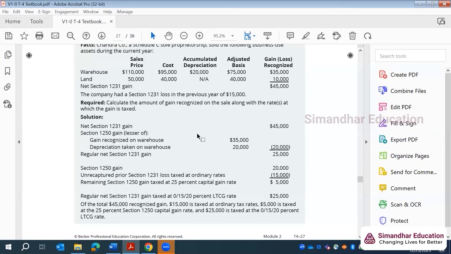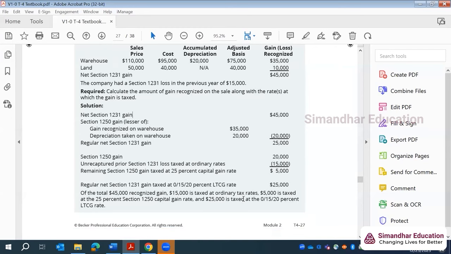Once you identify your section 1250 gain, you will have to go back and see if you have any 5-year look back 1231 loss. Of that loss, you will have to recharacterize certain gain as ordinary and the remaining can be treated as capital. Okay. The $25,000 is section 1231 gain, which will be taxed at preferential rate.